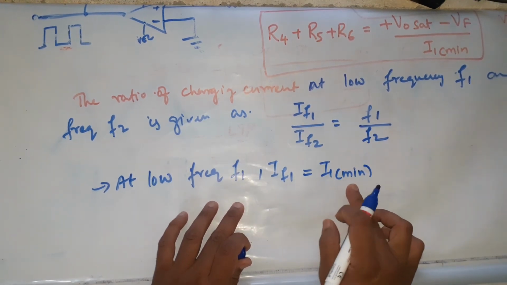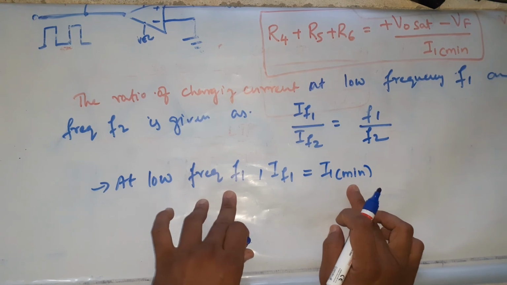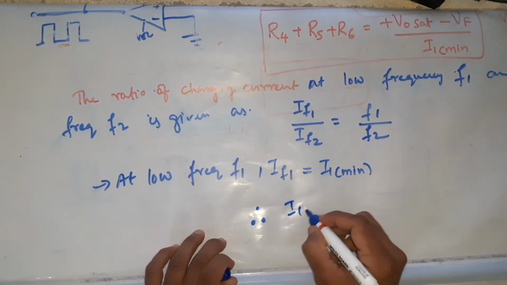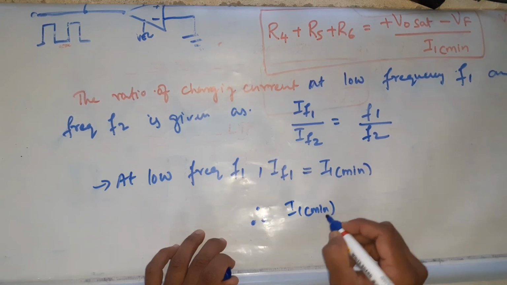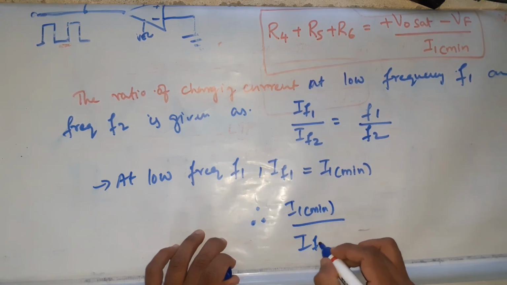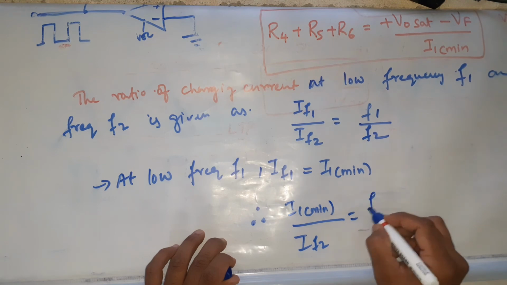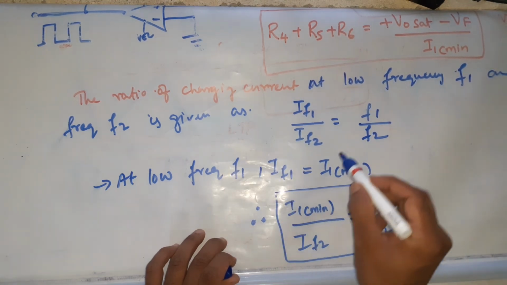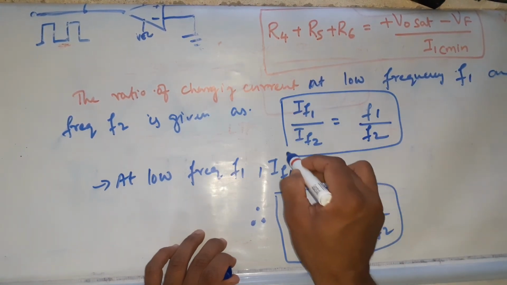Means when the current is minimum, your frequency is going to be low. So therefore, we can write I1 minimum over IF2 equal to F1 by F2. Understood?